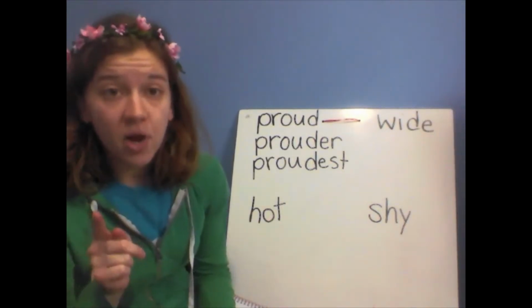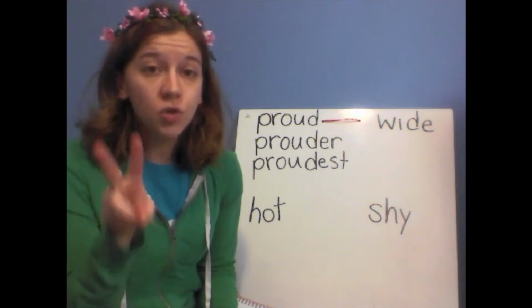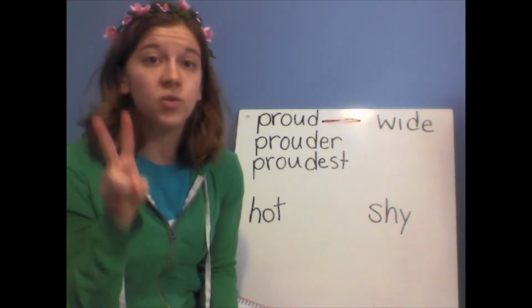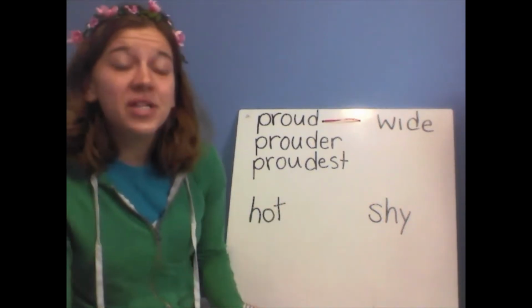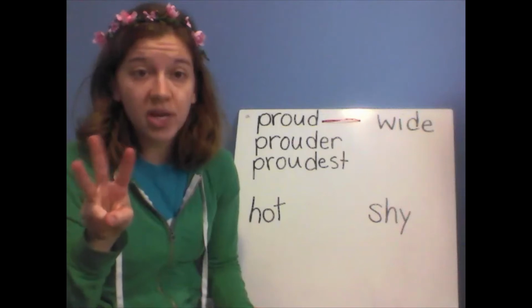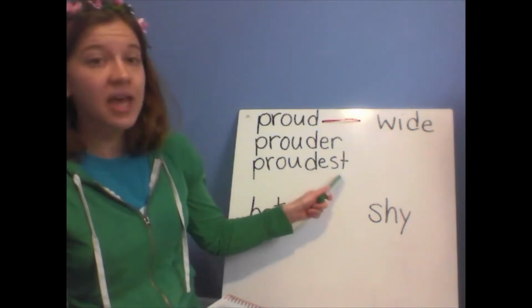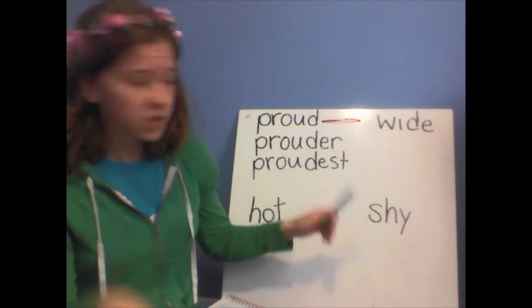Now remember, when you add the ER ending, that means you are comparing two things. But if you have the EST ending, that means you're comparing three or possibly more things, all right? So three or more for the EST, and two for ER, not more than two.